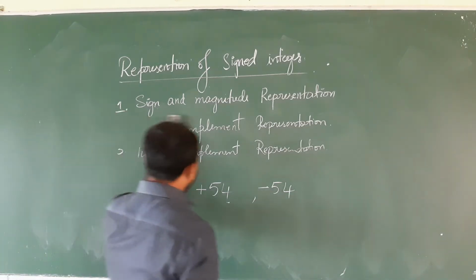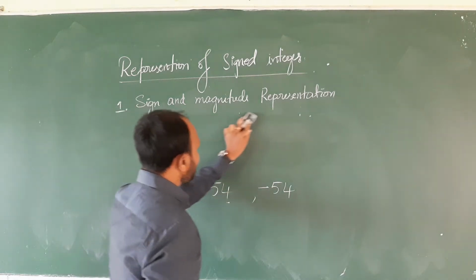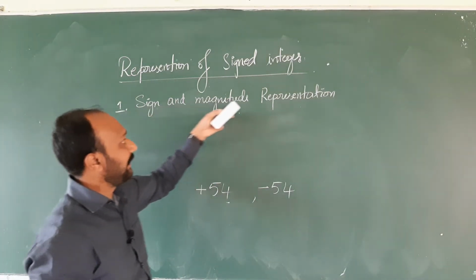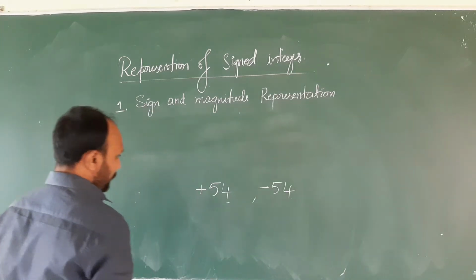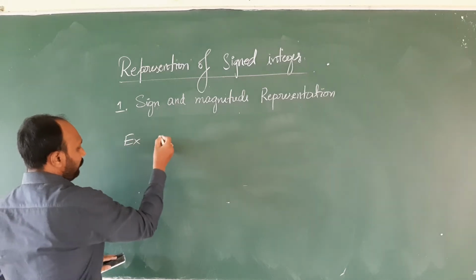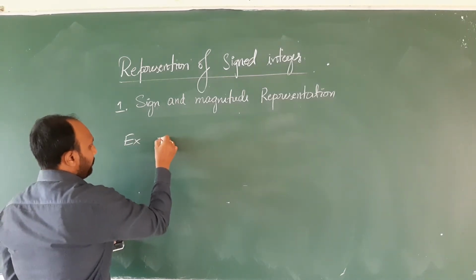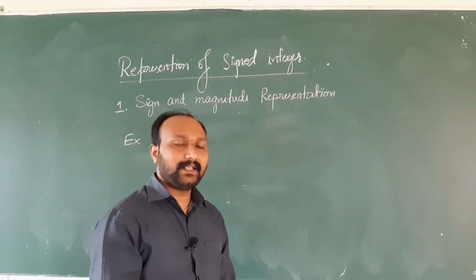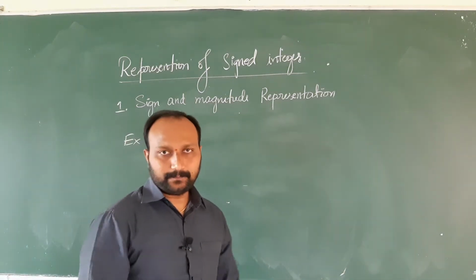So first, how to represent a signed integer using the first method, that is using sign and magnitude representation. So very simple. Let us consider an example. So now we would like to represent plus 54 into its equivalent signed binary value.